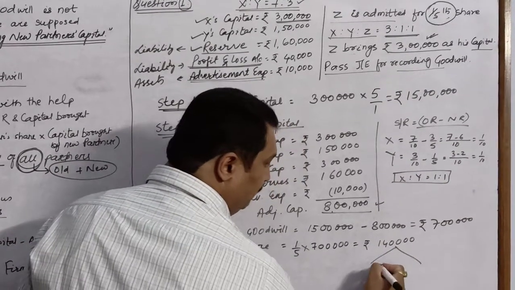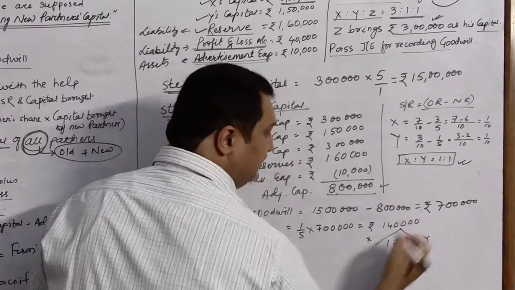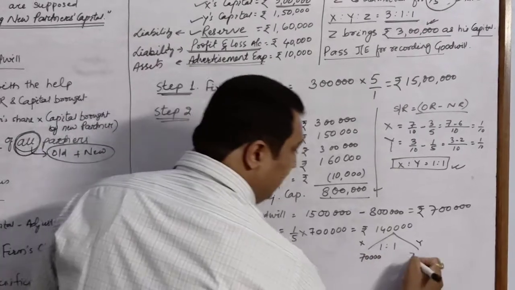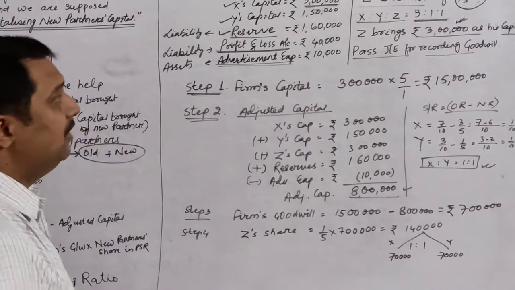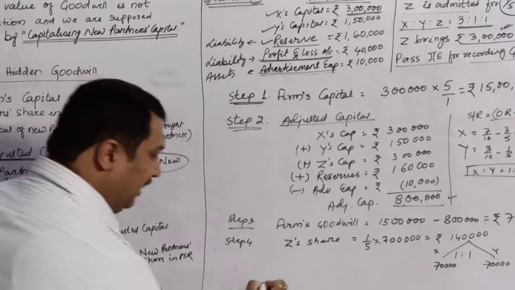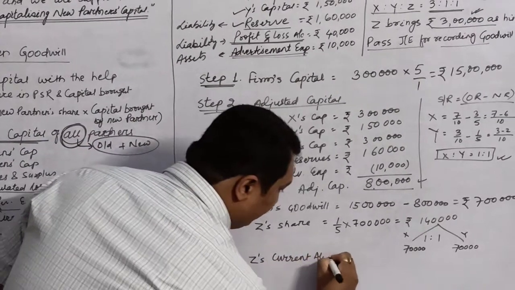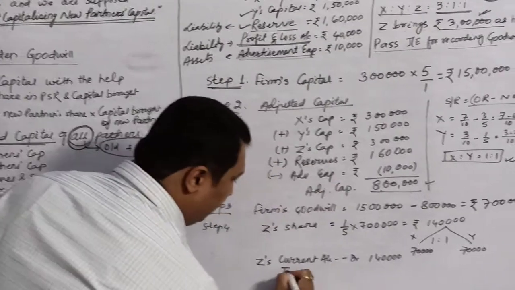This 1,40,000 will be distributed between X and Y in this sacrificing ratio, which is 1:1. That means 70,000 will go to X and 70,000 will go to Y. But the question did not tell you whether he brings his share of goodwill in cash or not. So in that case, we will debit Z's current account, since the question does not mention that the goodwill was brought in cash.